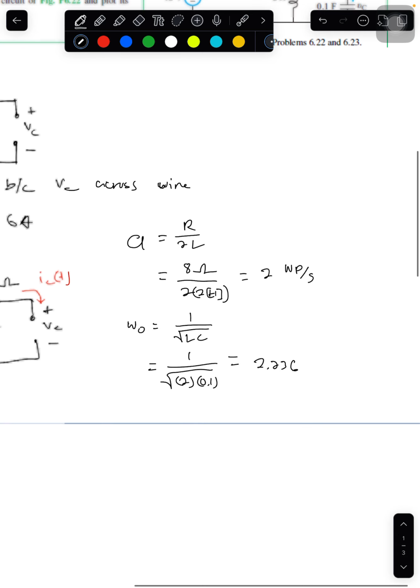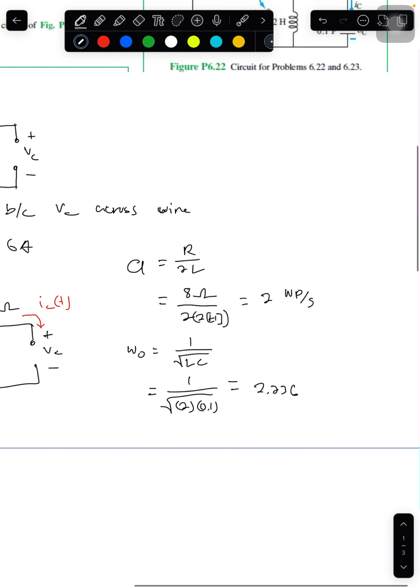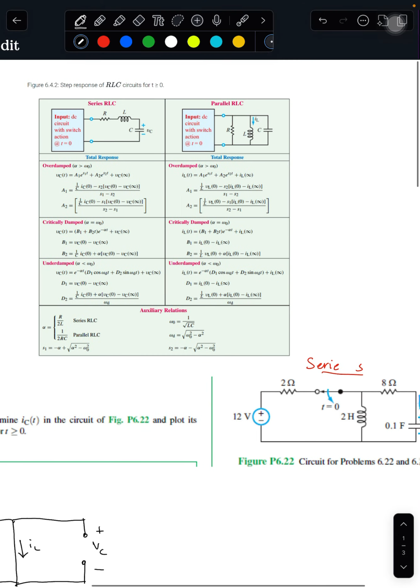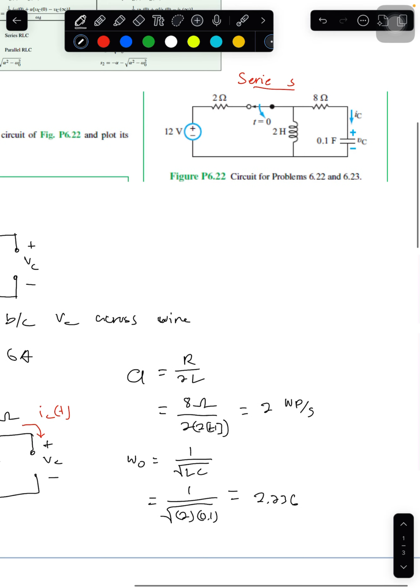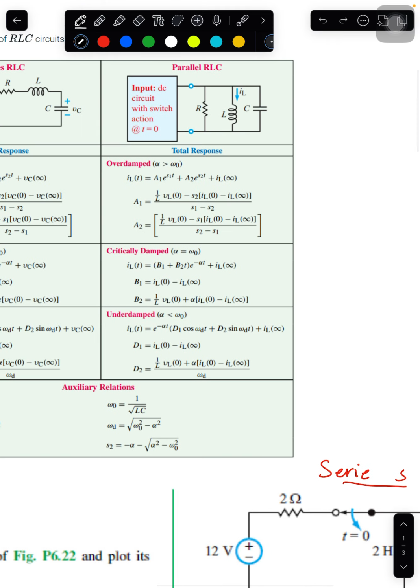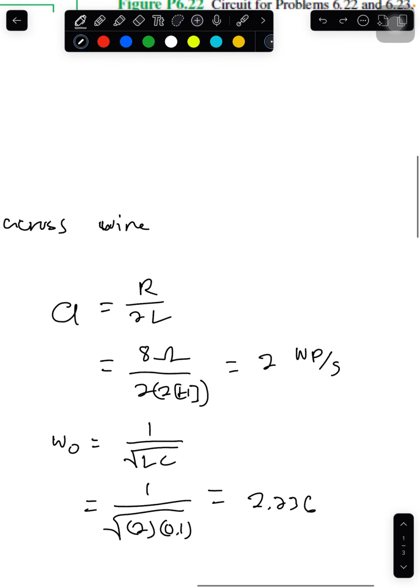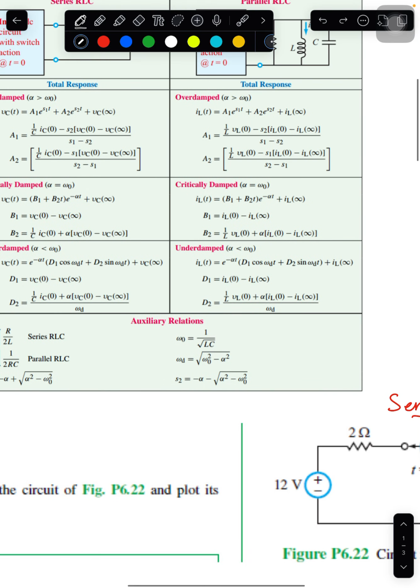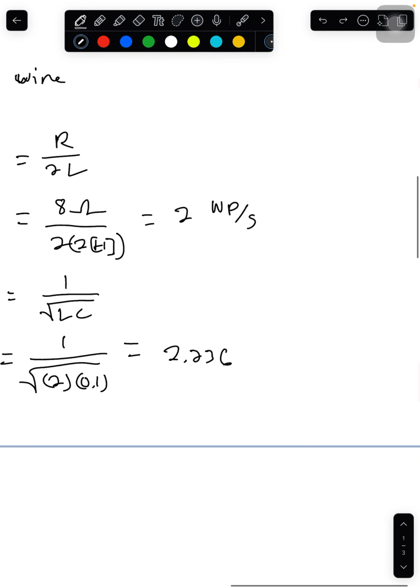So now to know if it is underdamped, critically damped, or overdamped, you compare alpha and omega. In this case, omega is greater than alpha. So when omega is greater than alpha, it is underdamped.